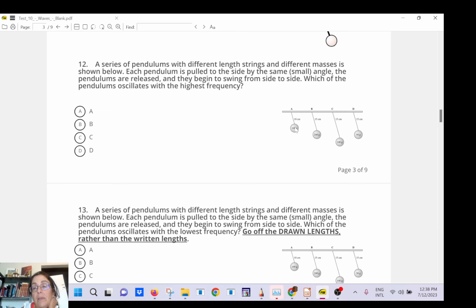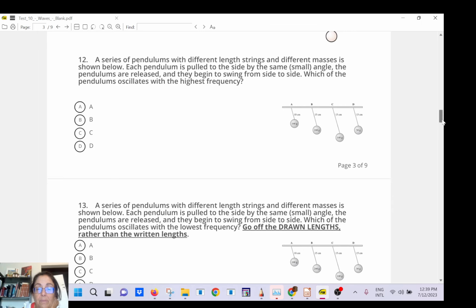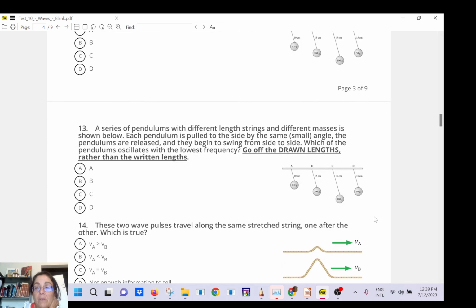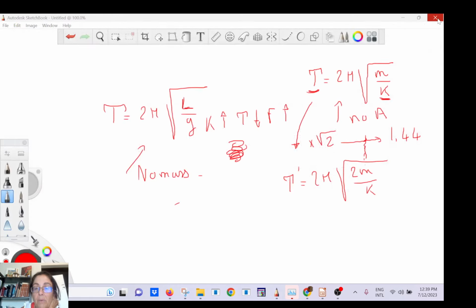The shorter length will have the smaller period, so the higher frequency. So the lowest frequency will be the one with the largest length. Okay, so those are easy problems.